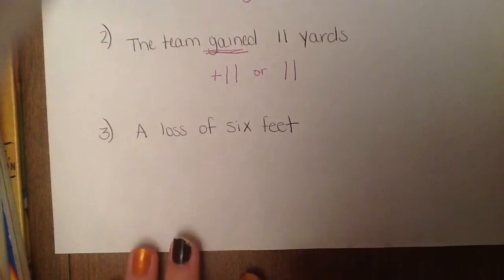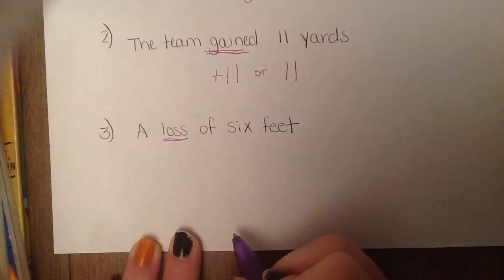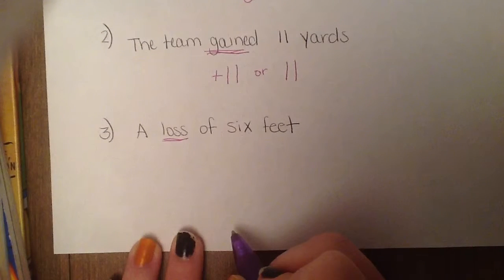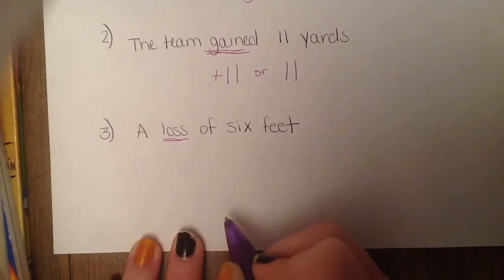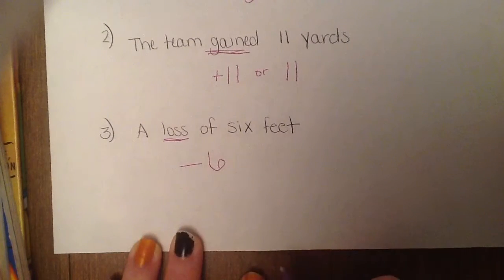Exactly, the word loss. If it is a loss of 6 feet, is it positive 6 or negative 6? Correct. The word loss indicates that it is a negative 6. A loss of 6 feet is represented by a negative 6.